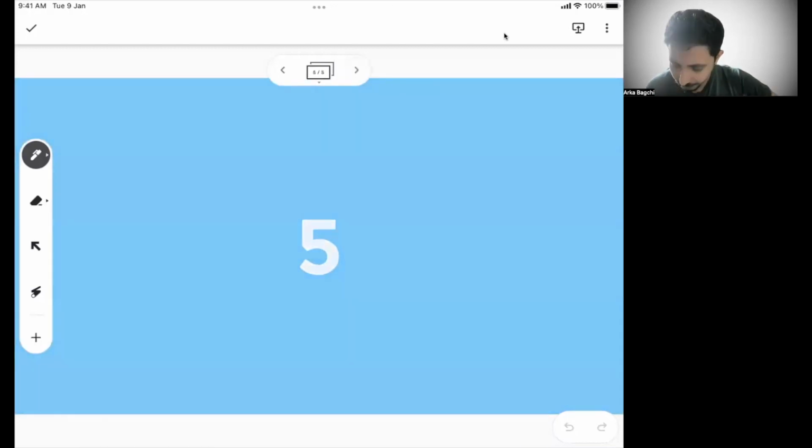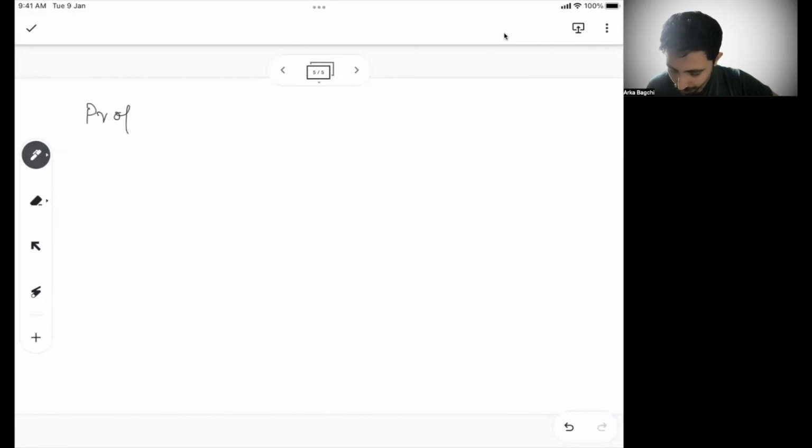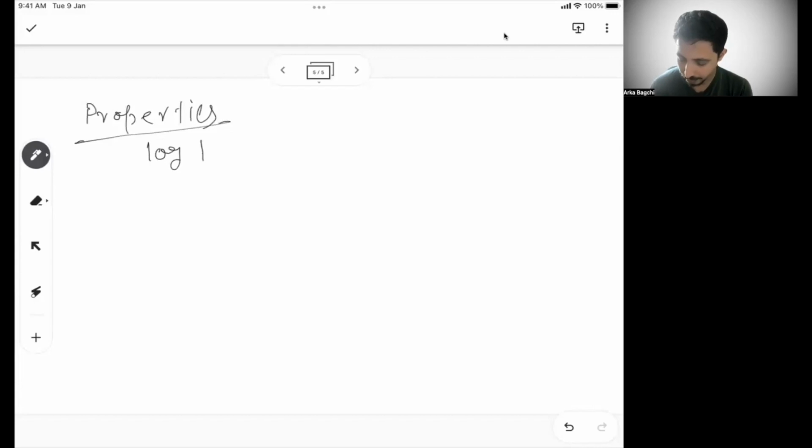Now the most important part, the properties of logarithm. Before we go there, log of 10 is basically 1, right? You can remember this. And log of 1 is basically 0, right?